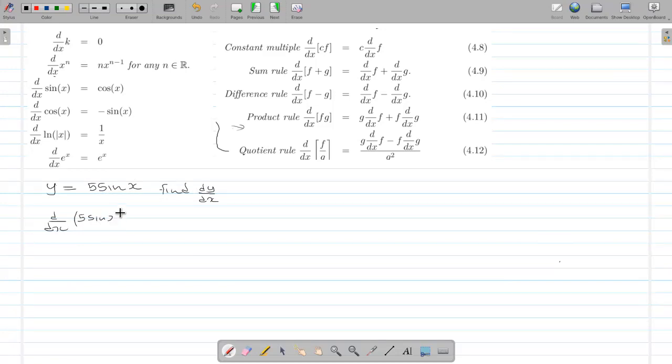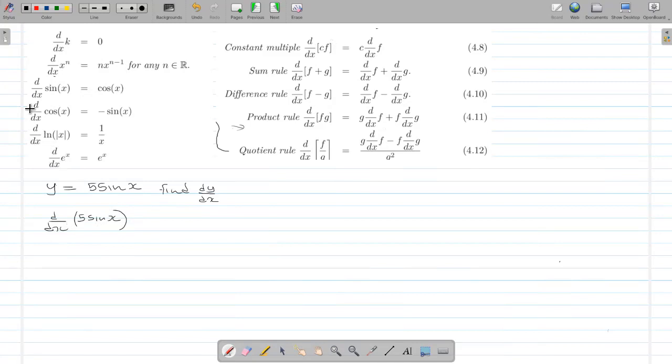Okay, I'm looking for the derivative of this guy. He is not listed here, see? It's not listed in this left hand list. So I cannot find the derivative of this directly because it's not a basic function.